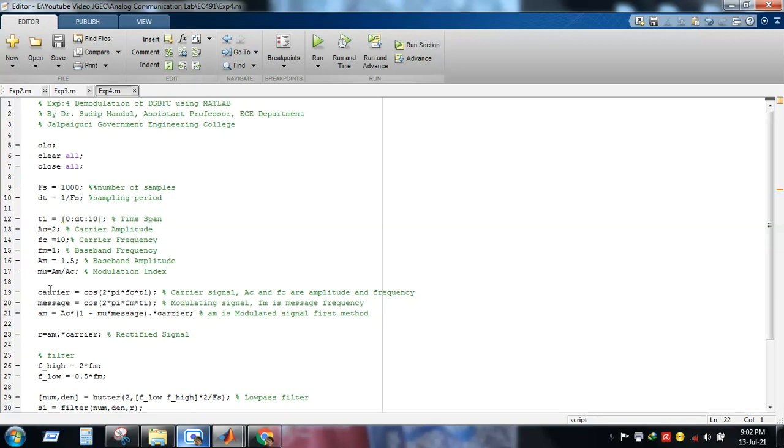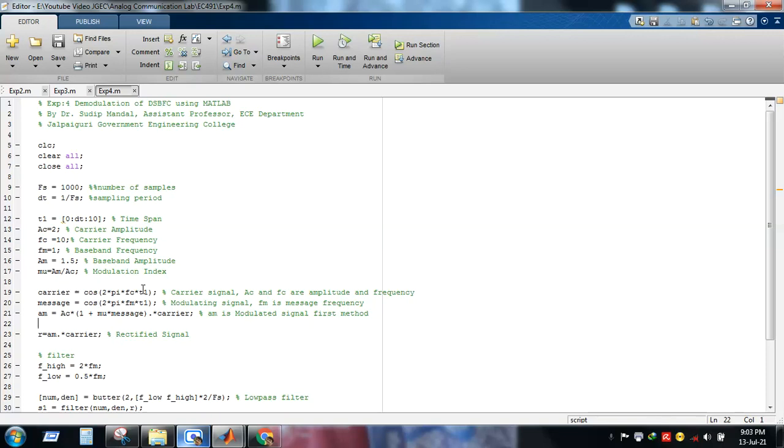Next we define the carrier as cos 2 pi fc t1. Here fc is the carrier frequency, which is already initialized at 10 hertz. Next we define the message, that is cos 2 pi fm t1. That is the modulating signal. And then we define another term, that is am.